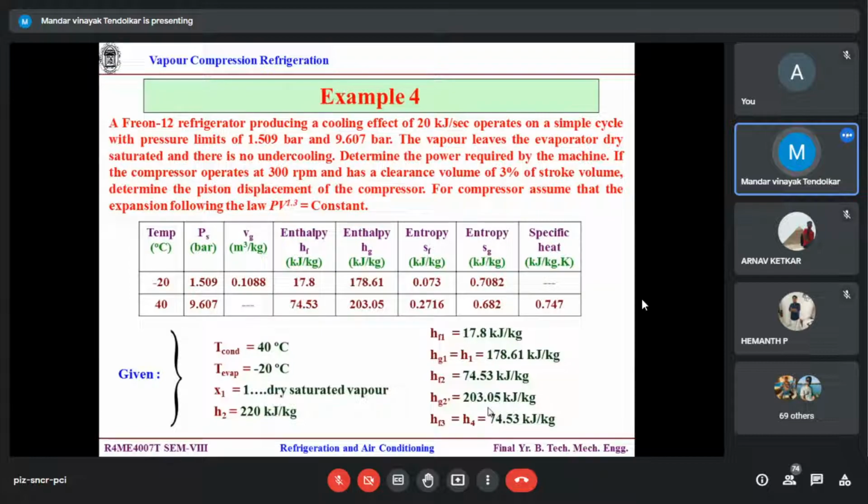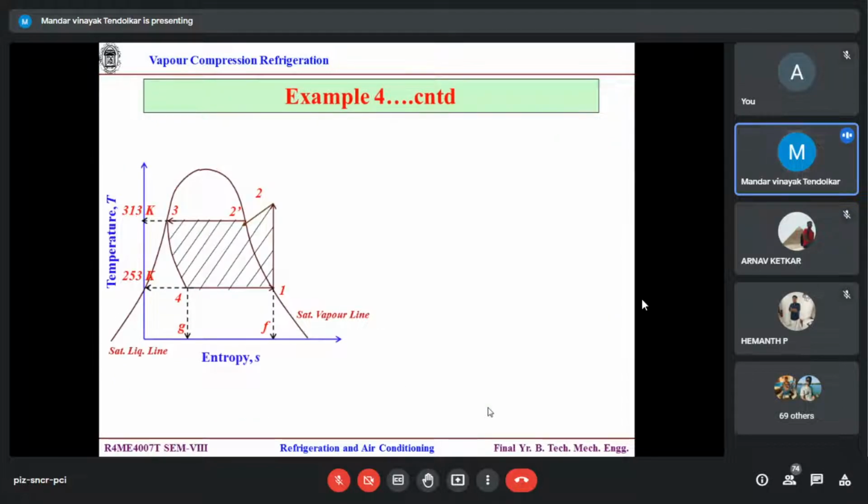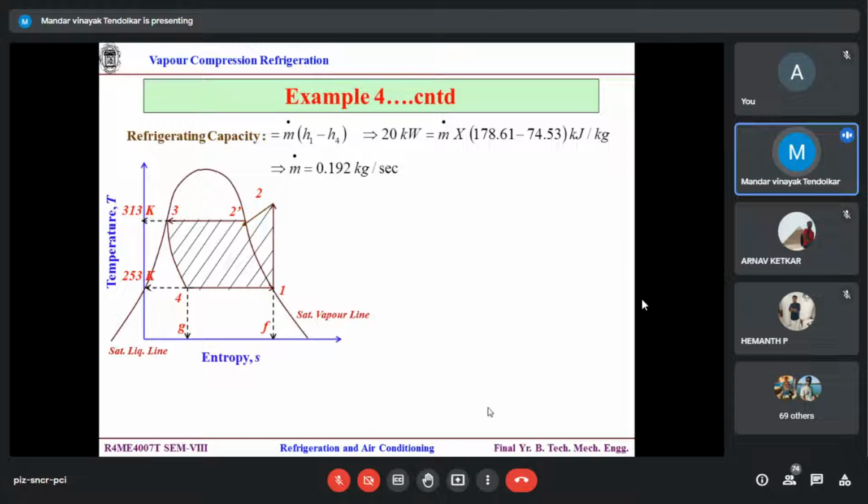Any doubt to anyone? No, sir. Good. So we'll try to plot it. Same diagram, correct? Simple cycle given, standard. Right? Now I will try to find out one by one. Refrigerating capacity. What is given to me? 20 kg per second. That means 20 kilowatt.